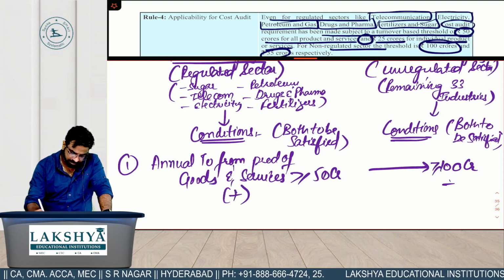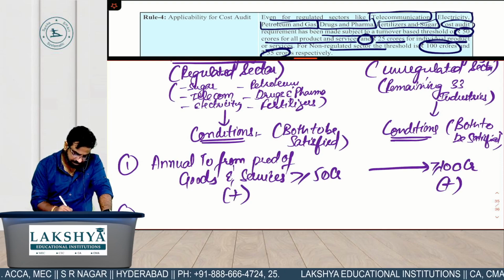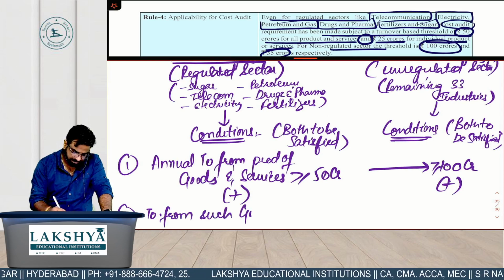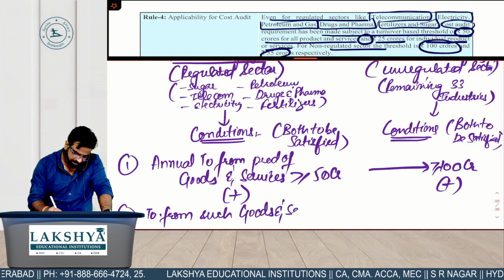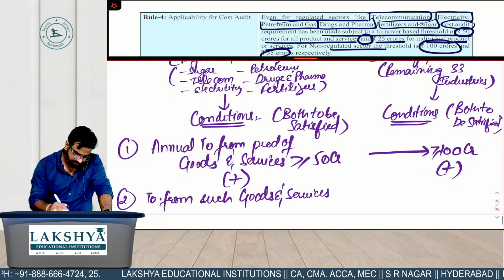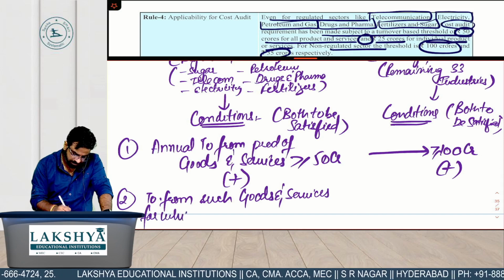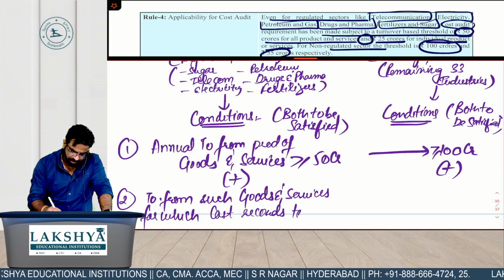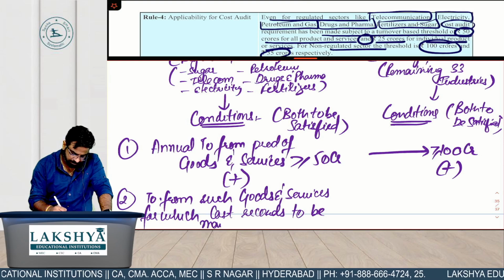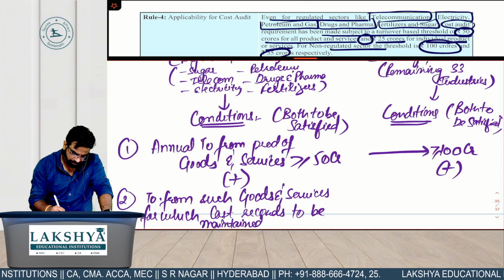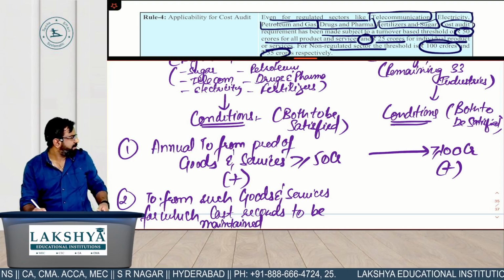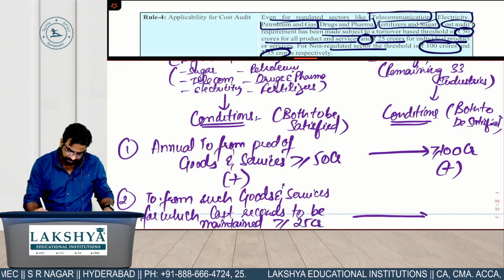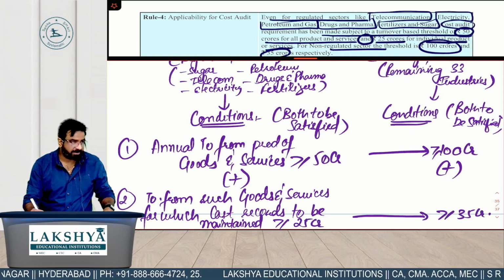Plus second, turnover from such goods and services for which cost records are to be maintained should also be greater than or equal to 25 crores, and here 35 crores.